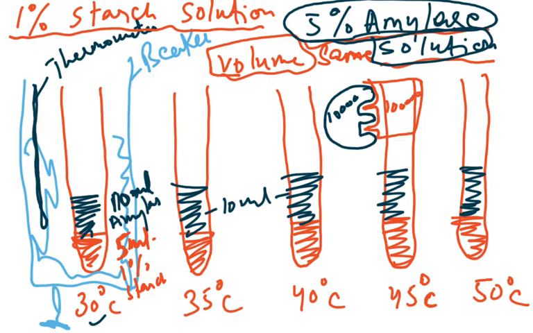So the number of enzymes is the same and the number of starch molecules, which is the substrate, is the same. You have standardized the procedure, so you're only changing the temperature. The number of starch molecules and enzyme molecules, which means the number of active sites, are the same in all these 5 test tubes.